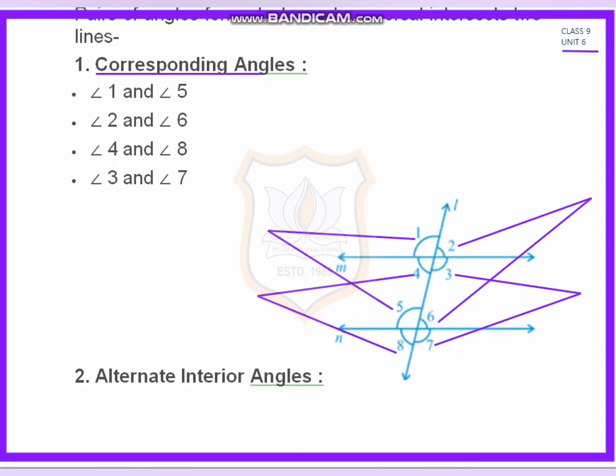We should remember these corresponding angles and alternate interior angles. Now we will learn about alternate interior angles.